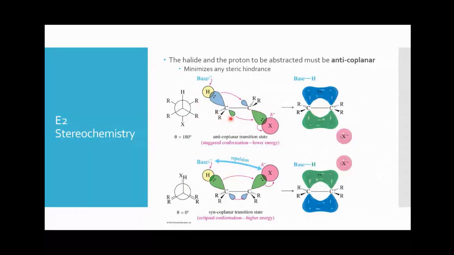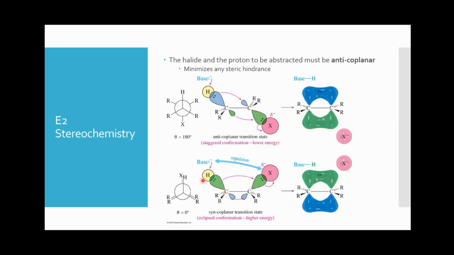Here's the anticoplanar mechanism. As the hydrogen leaves, this bond will want to form a bond with the lobe of the other pi bond, and because this is a good leaving group already, it doesn't care if it leaves, and so that's how you get the double bond.